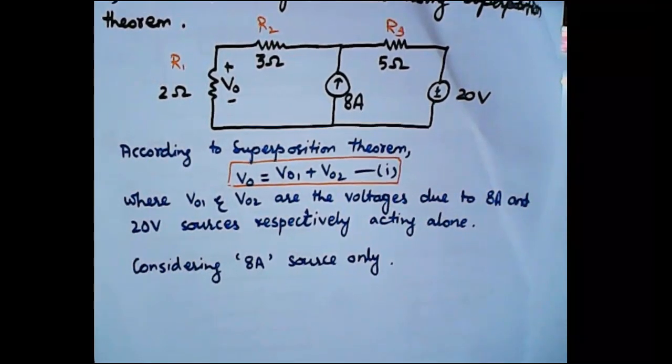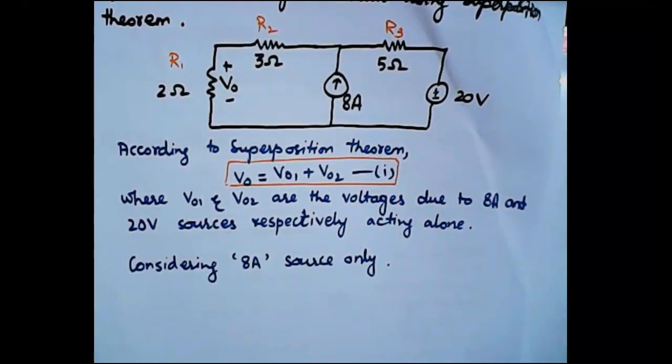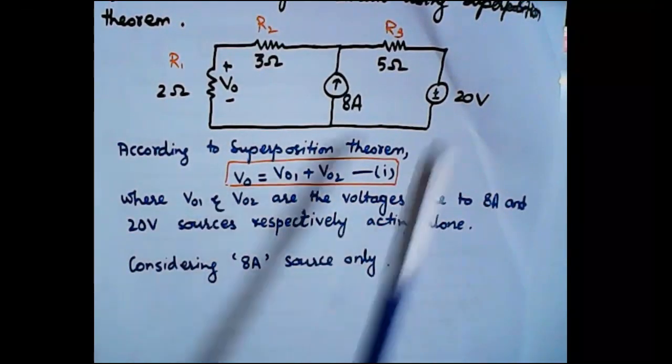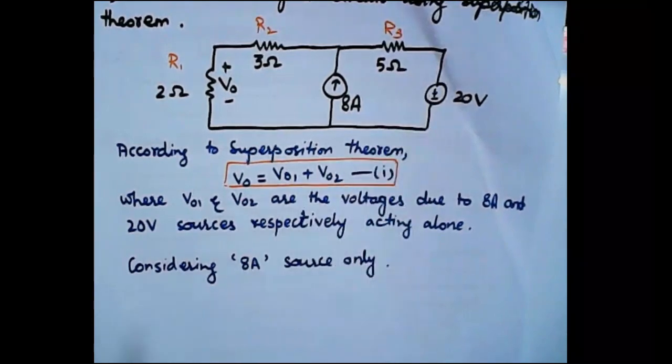So now we are considering the 8 ampere current source only, which means that this voltage source will be short circuited.